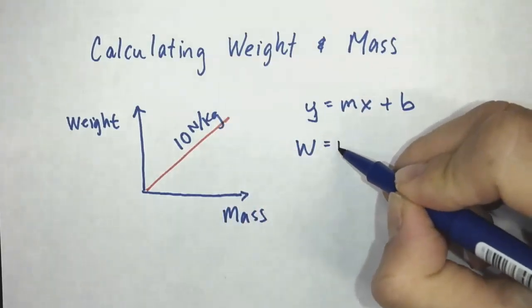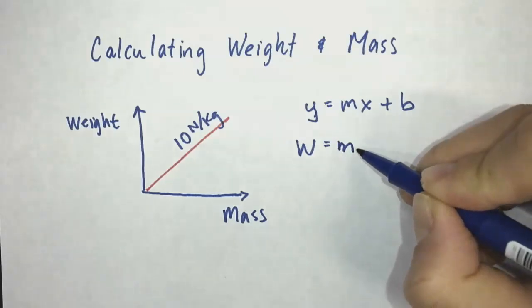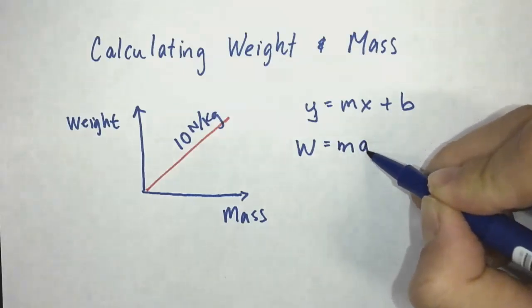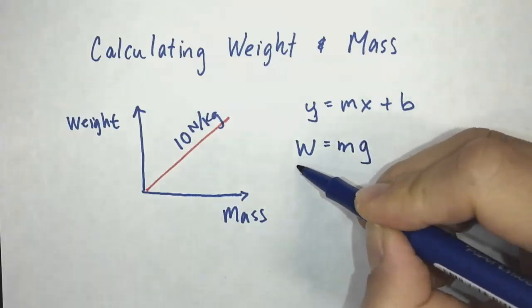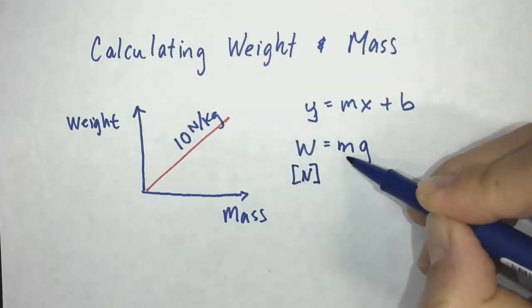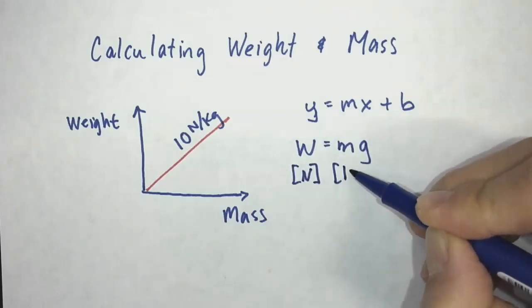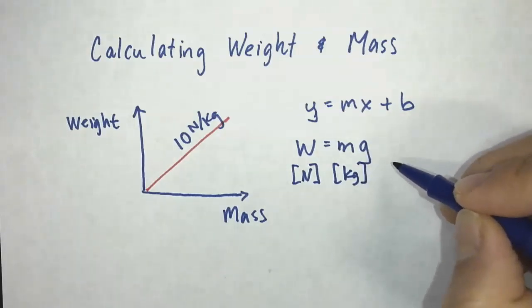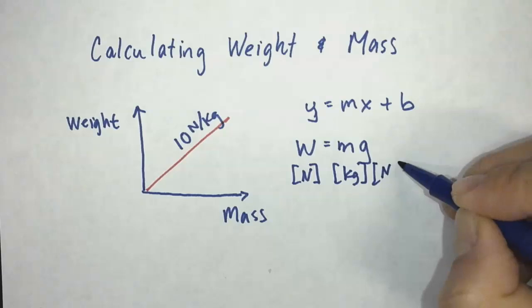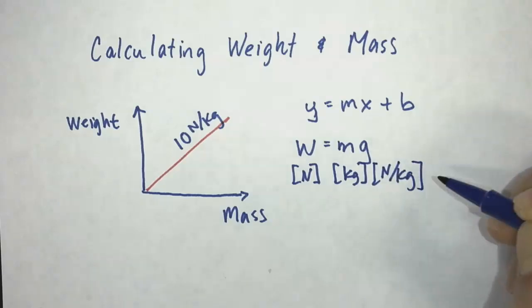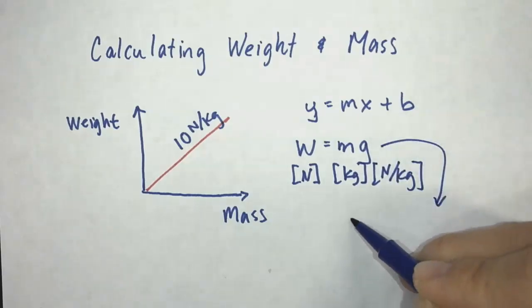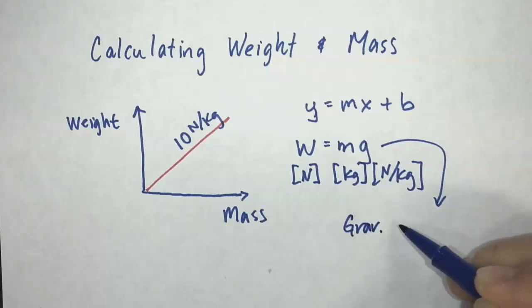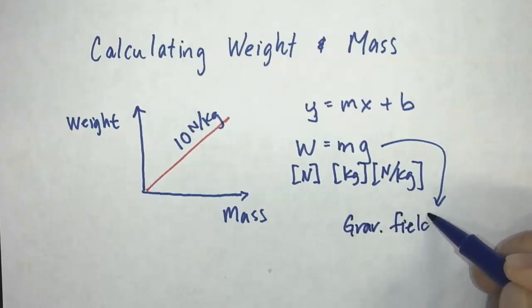So the weight equals the mass times g. This is the weight, and that's measured in newtons. This is mass, measured in kilograms. And g is called the gravitational field strength. The units are newtons per kilogram.